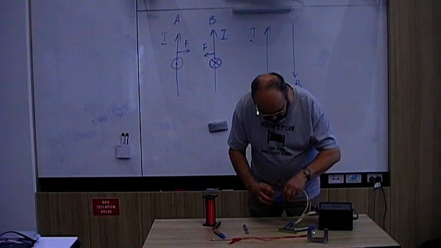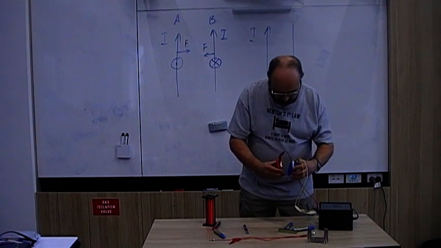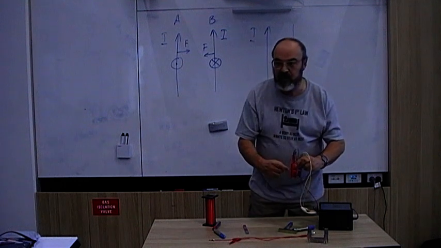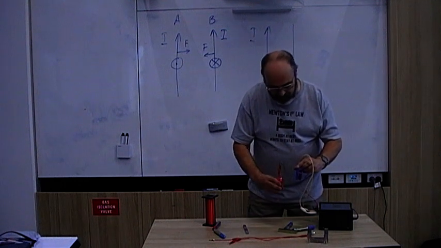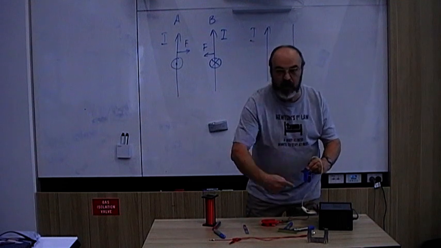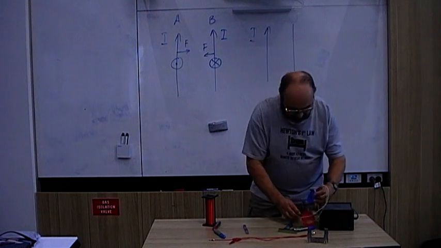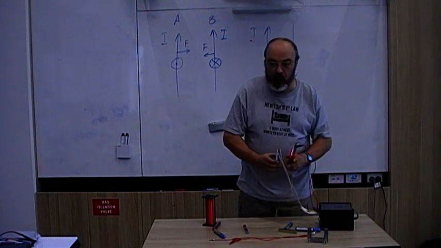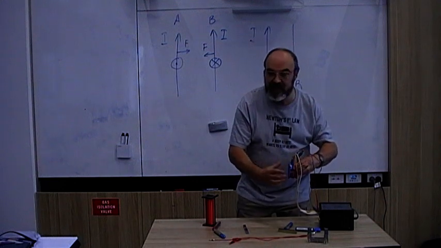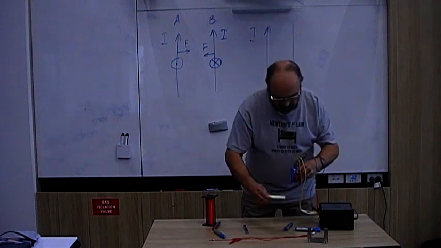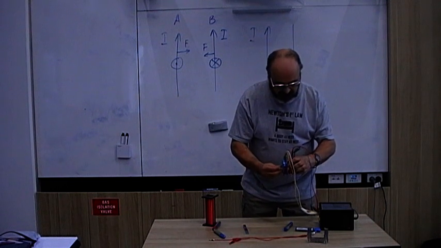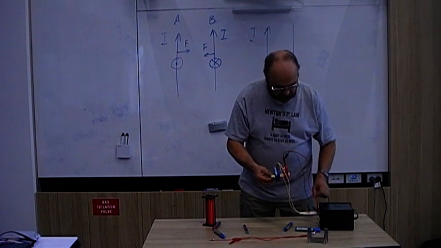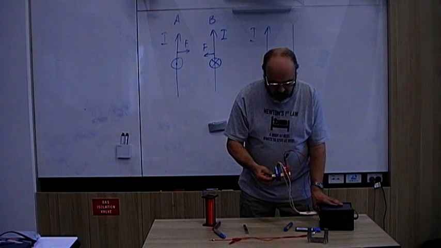Now I connected them in a way that the current is in the same direction in both. It doesn't matter that they encircle; the main thing is that the current here is going like this and here like this. So they both have current in the same direction. Let's see what will happen. I place them at some distance, and I'll turn the current on.